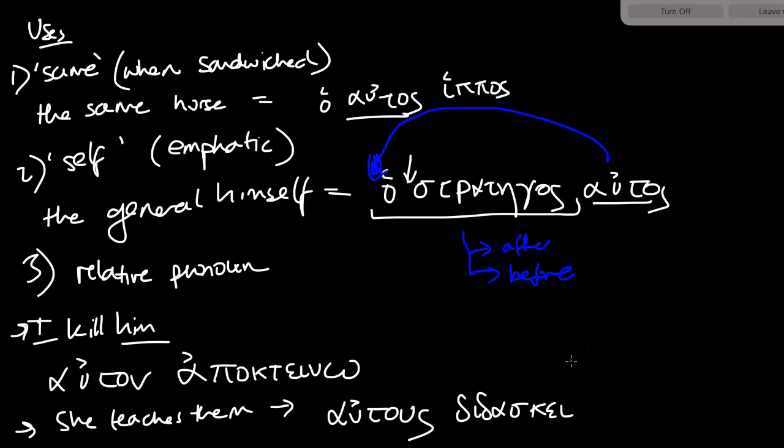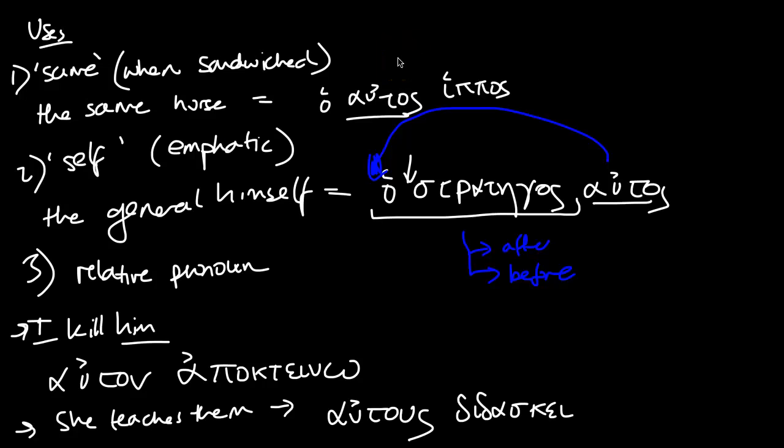In fact, well, there is actually one more thing we could talk about now, which is the genitive construction with autos. And this won't take too long. If you want to say something like her house, Greek uses autos if it's not referring to the subject.